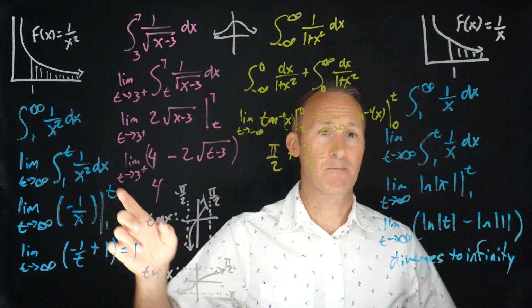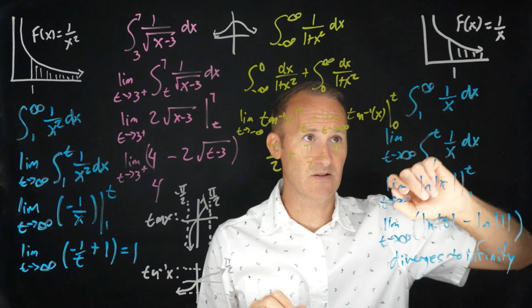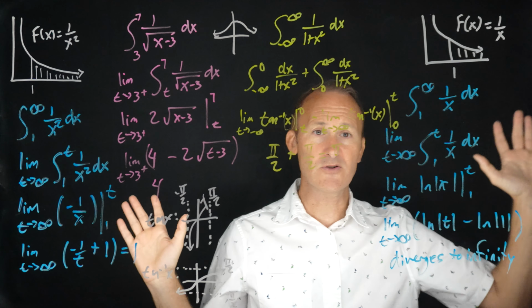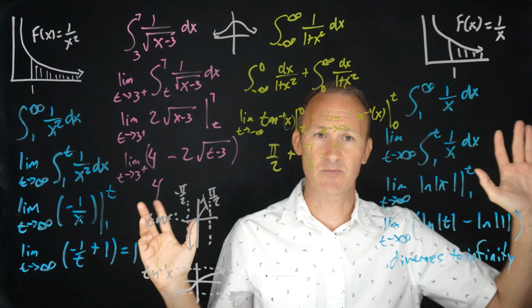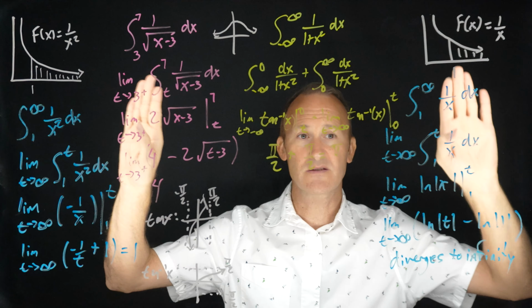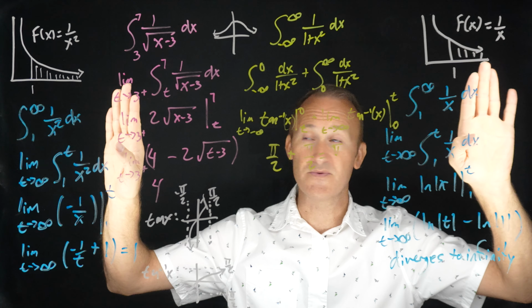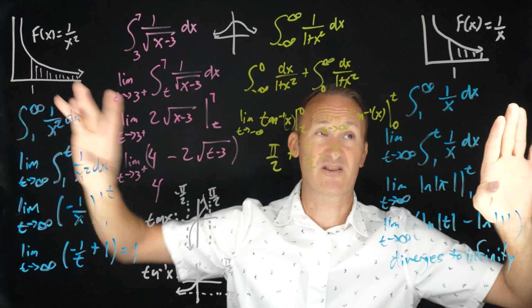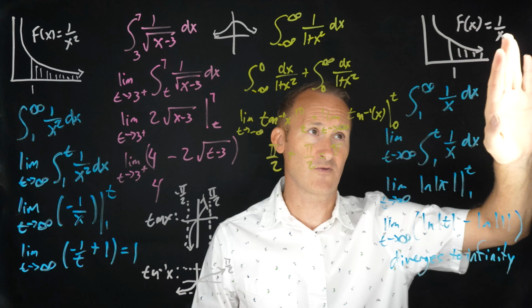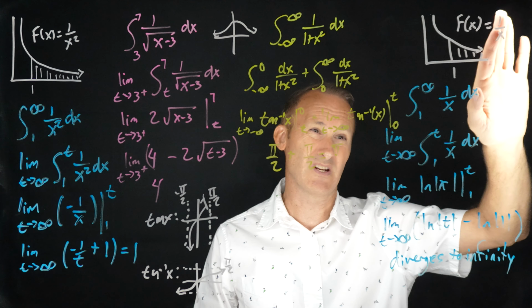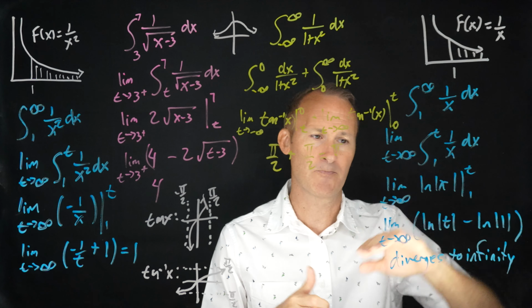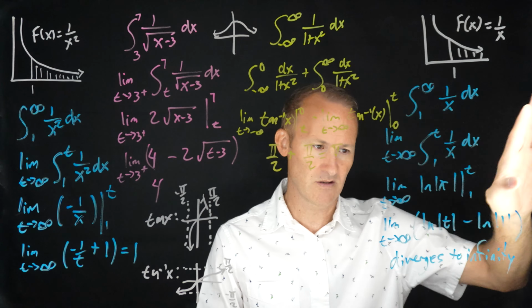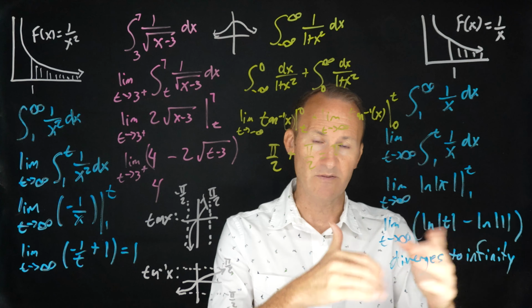And when you do 1 over x, it diverges to infinity, even though it's pretty close. These are kind of bounds, in the sense that if x is to higher powers, you're going to get convergence, and if x is to lower powers, meaning a denominator power of 1, you're going to get divergence.